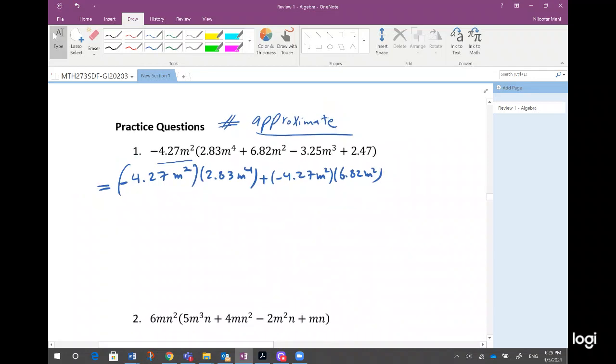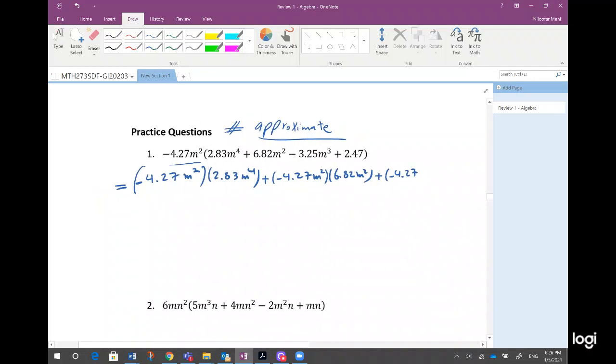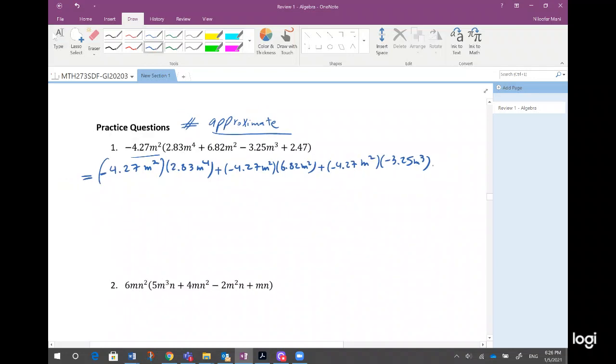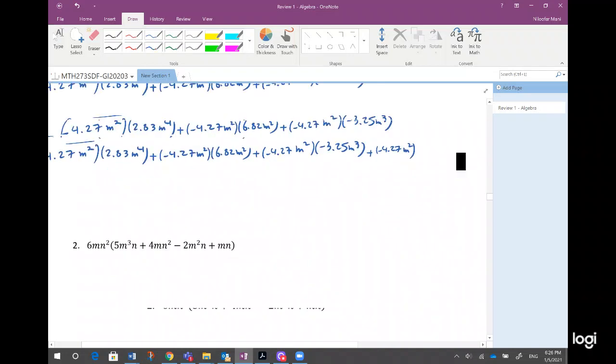The next one is plus minus 4.27, and I can explain that later, m squared multiplied by minus 3.25 m cubed. And the last but not least, plus minus 4.27 m squared multiplied by 2.47.